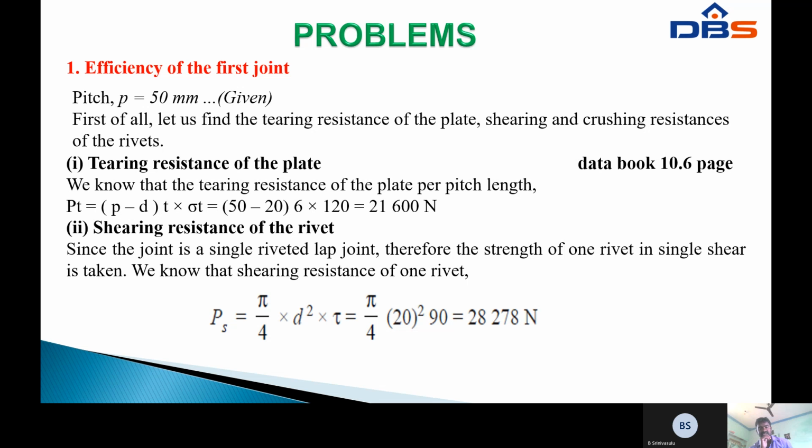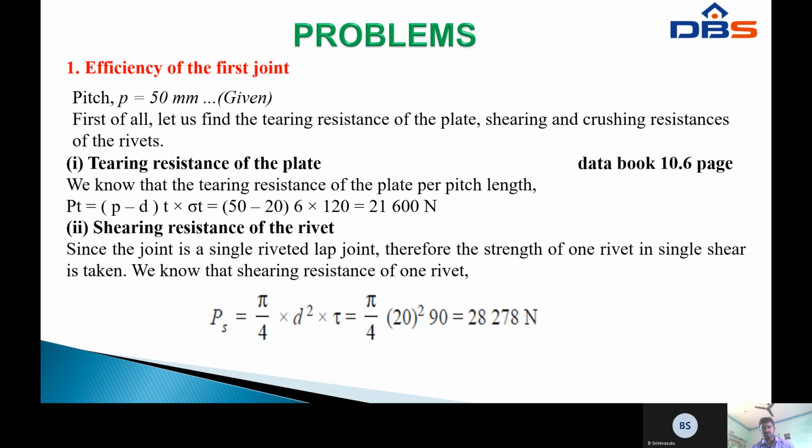newtons. Now the shearing resistance of the rivet. Since the joint is a single riveted lap joint, the strength of one rivet in single shear is taken. We know that the shearing resistance of one rivet equals pi by 4 into d square into tau.